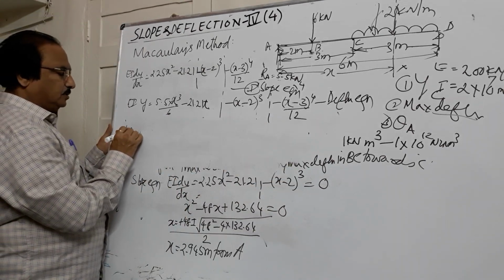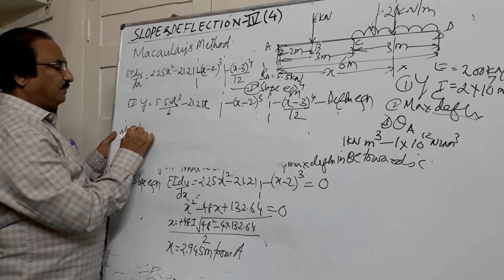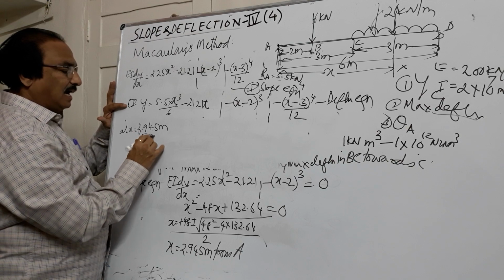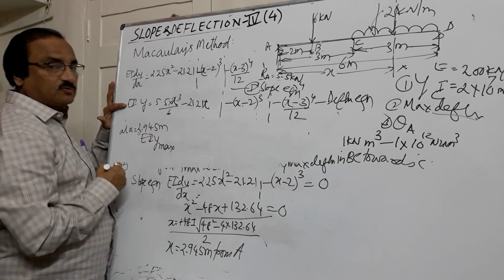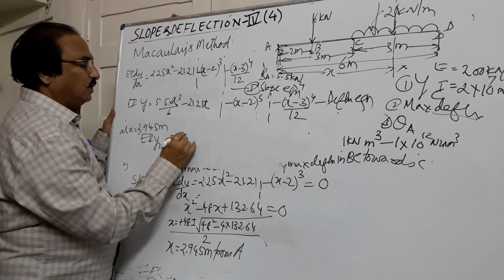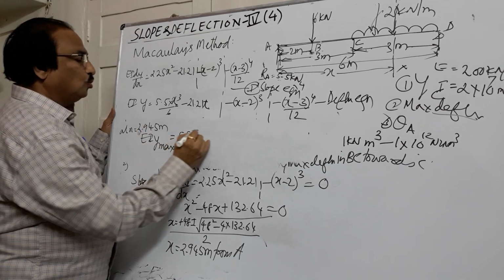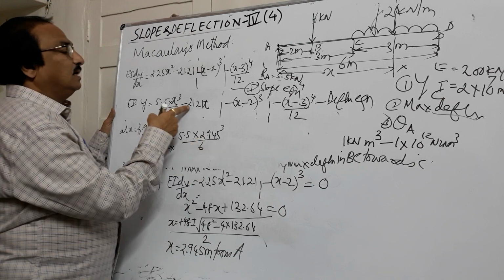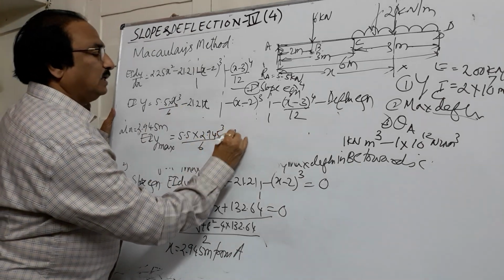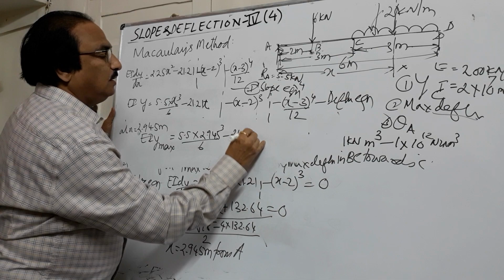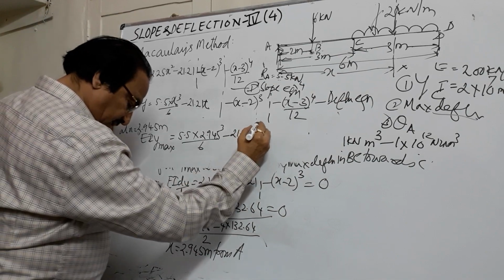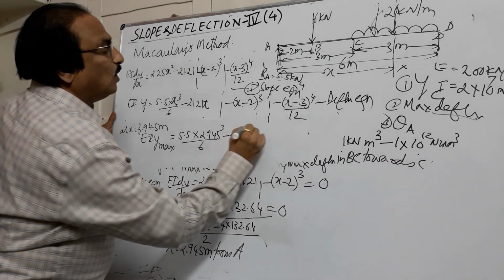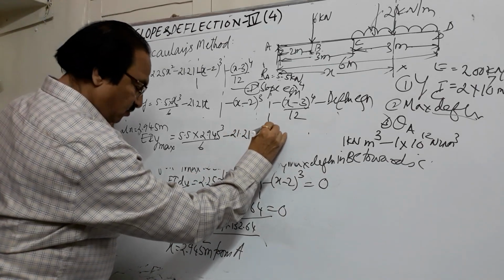At x is equal to 2.945 meters, let us find out EI y max. At that point you have y max is equal to 5.5 into 2.945 cube divided by 6 minus 21.21 into the value of x, which is 2.945.